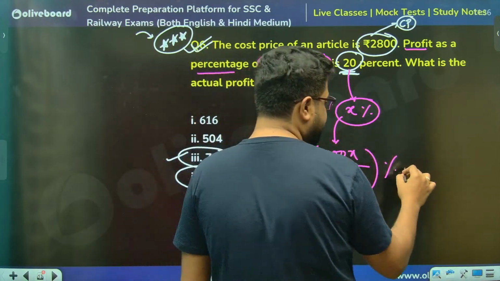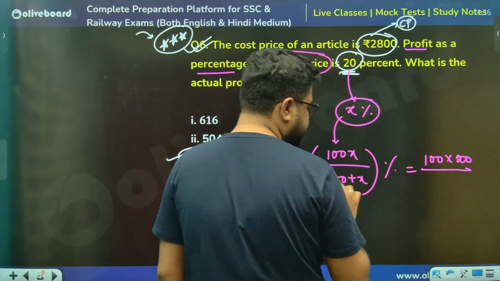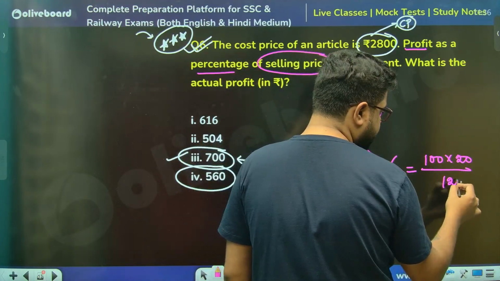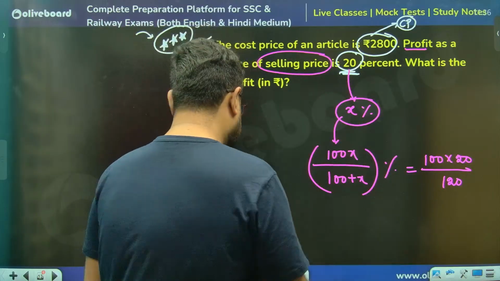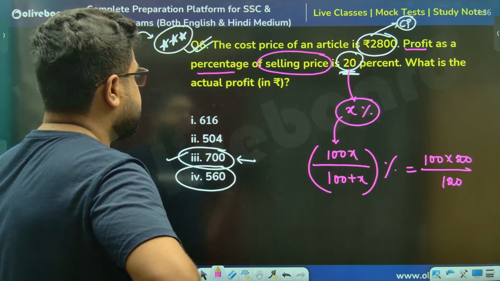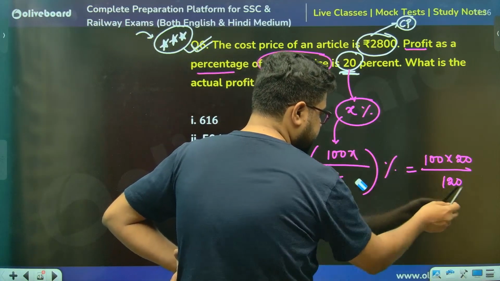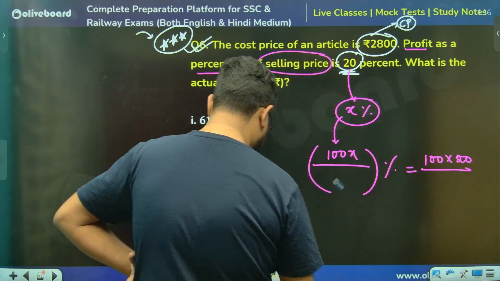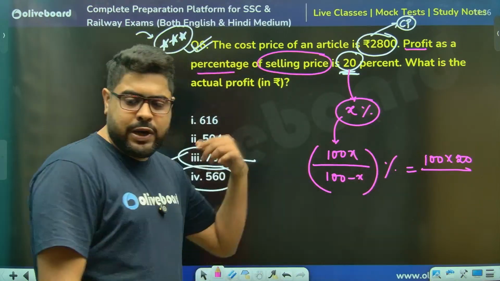If you put 20, 100 into 20 by 100 plus 20. Wait a second, I did something wrong. Sorry, it will be minus, sir. My mistake. Okay, 100 minus x.